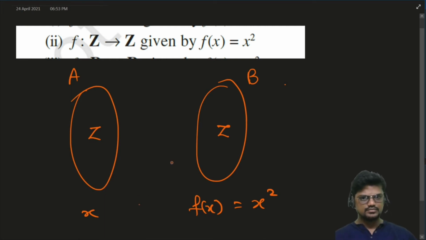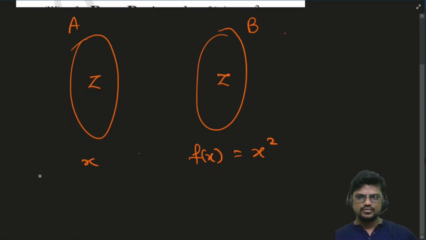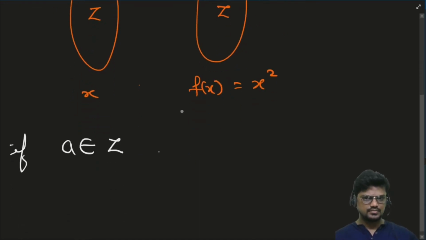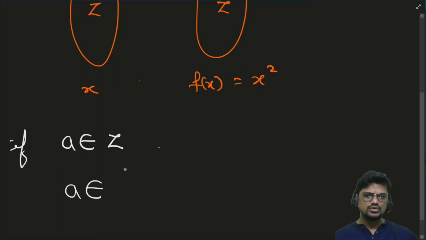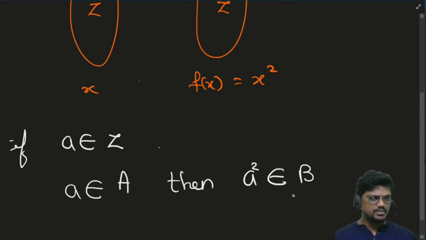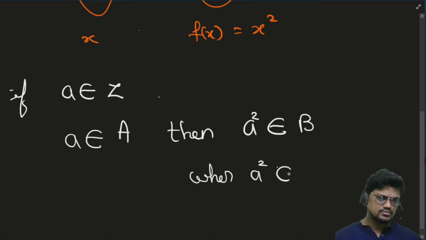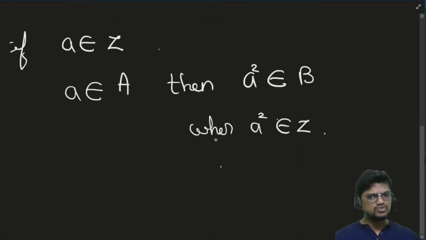Are you getting it? If A belongs to integers and A belongs to the set A, then A square will belong to set B, where A square is also an integer.